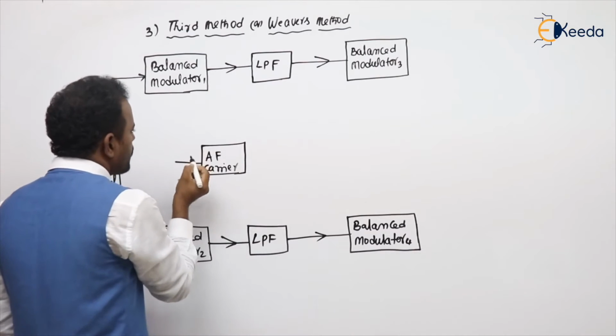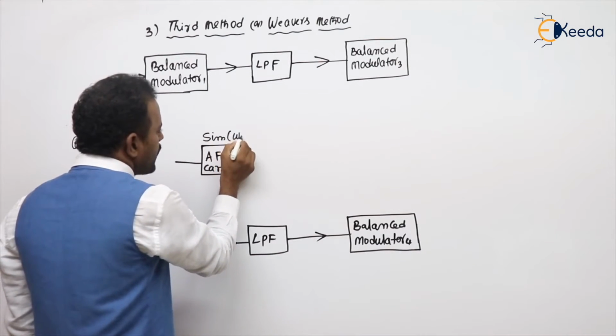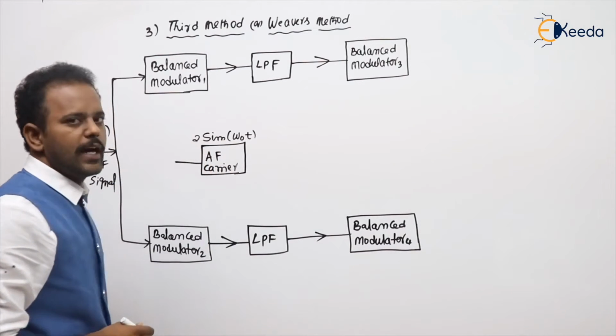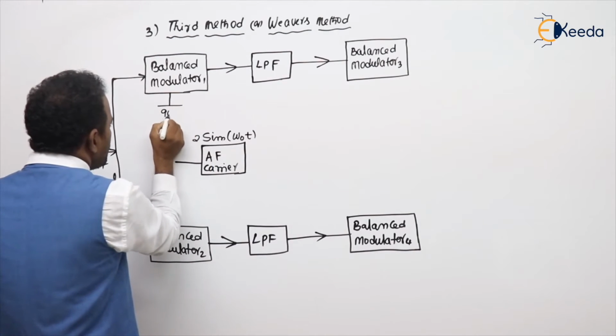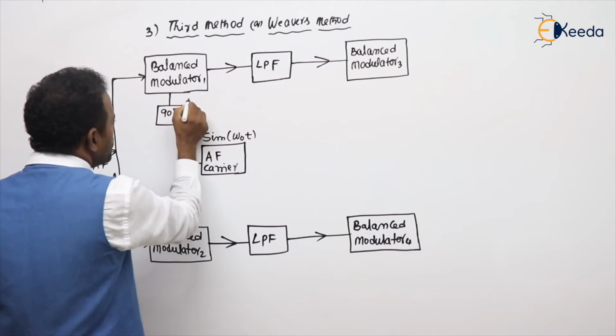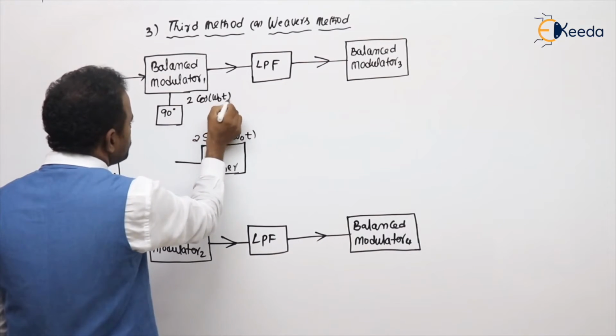Let's take this AF carrier as, for example, I am generating sine omega naught t. 2 factor I will take to make the calculation simple. And here I am giving a 90-degree phase shift. Then what you will get here is 2 cos omega naught t.